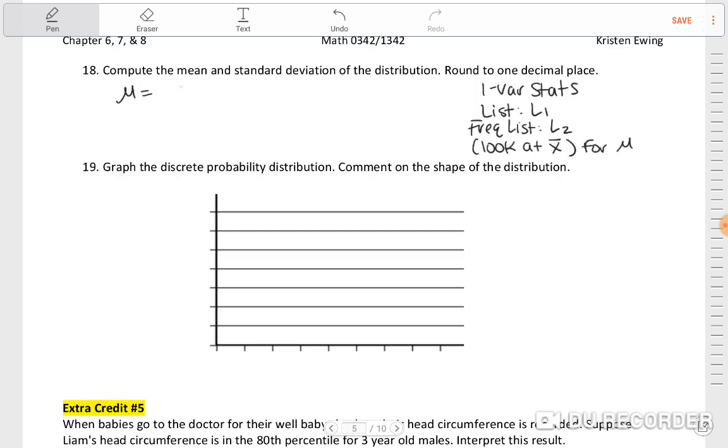When we look at that, we're going to get 6. And then you look at sigma x for the standard deviation. That value, we're going to round to 1 decimal place, because that's what it says, and it is going to be 1.2.